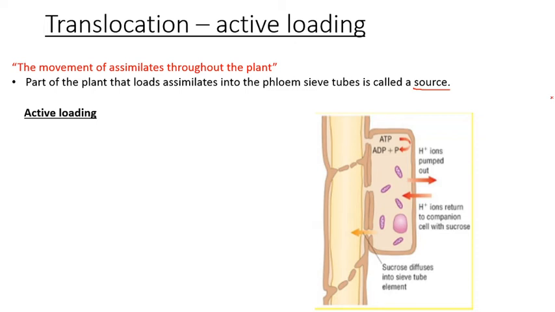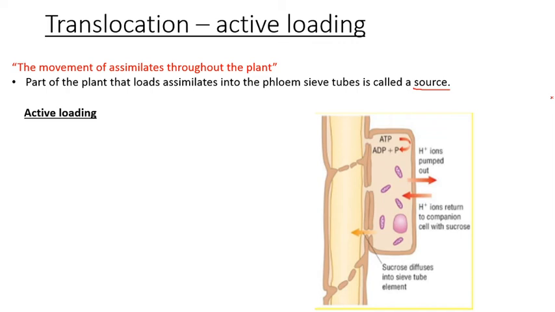So clearly it must be putting it into the phloem at the leaf, so the leaf is a source. Usually that's true, but it depends what time of year it is. If it's winter and the leaf isn't photosynthesizing, it's not a very good source, is it? So if you see the word source, don't get hung up that it has to be the leaf. It usually is, but it doesn't have to be.